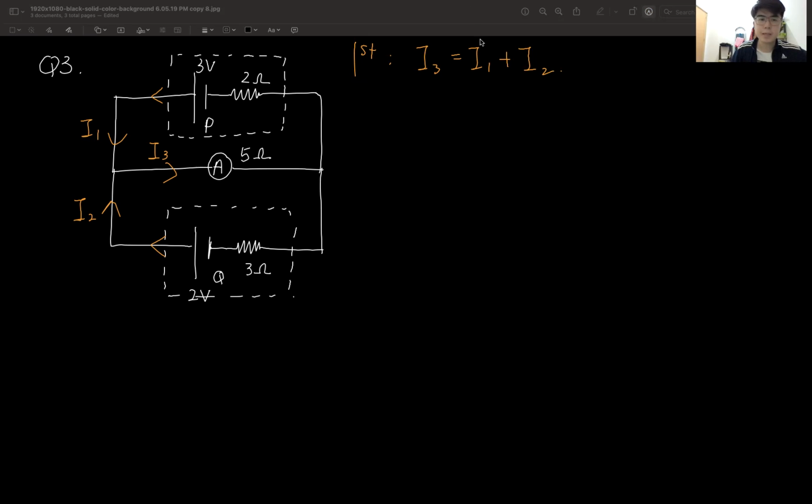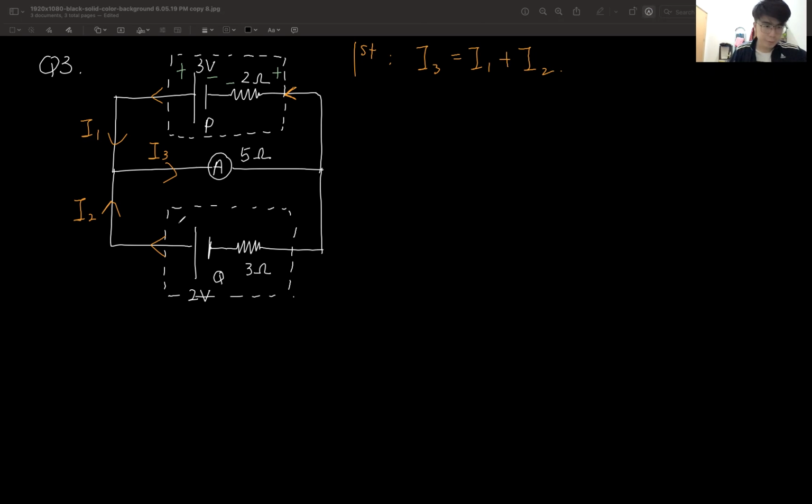Then I label the signs, positive and negative. What about the 2 ohm resistor? Current is flowing from right to left, so this is positive, this is negative.